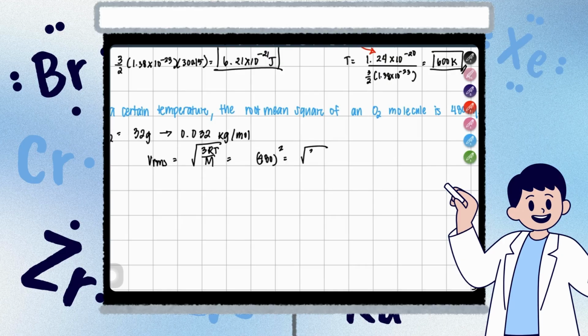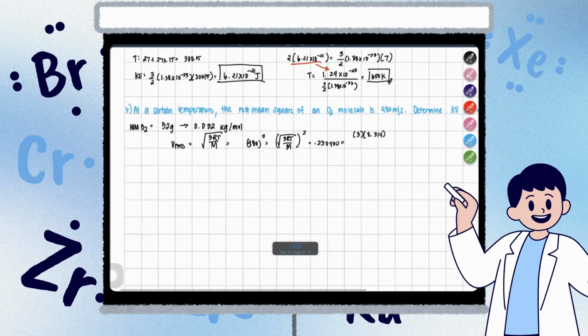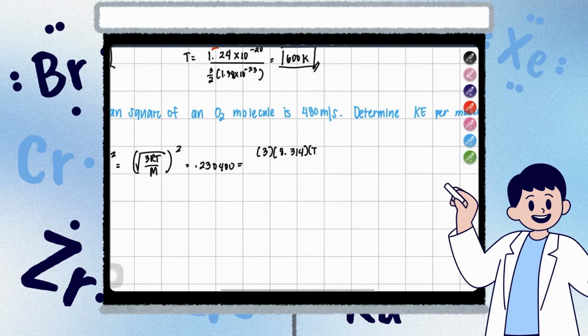So 3RT all over M. So when we simplify, we will get 230,400 equals 3 times 8.314 times the temperature, which is unknown, all over 0.032.